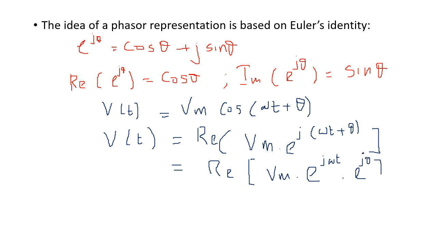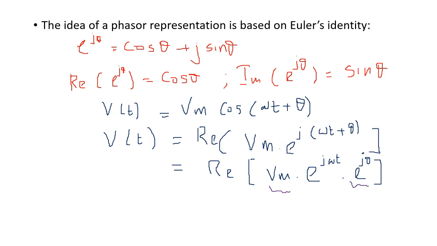I hope this basic mathematics is clear. Now e to the power j omega t we can drop, and the remaining part is Vm into e to the power j theta.